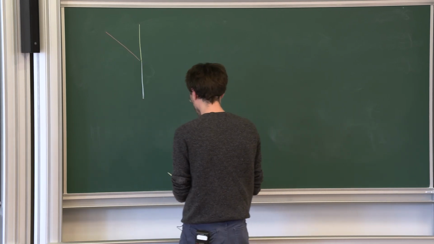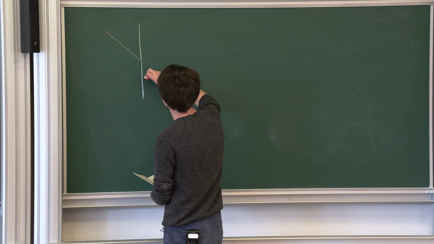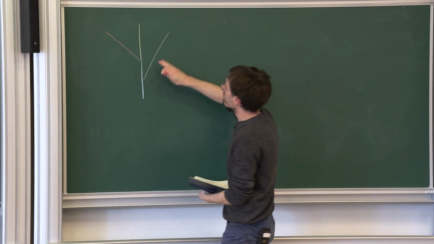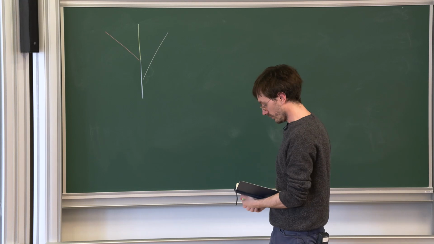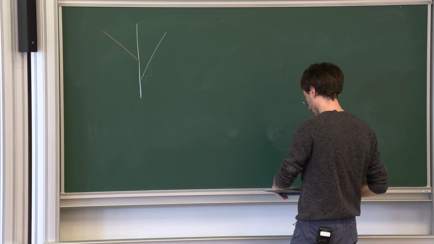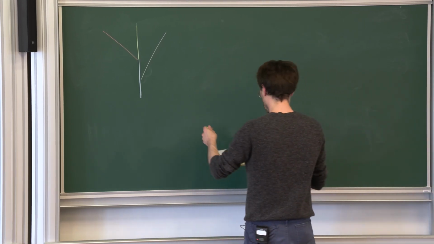So we get something that looks like this. I have my duality operator, which changes from one type of module to another, and X is as before.